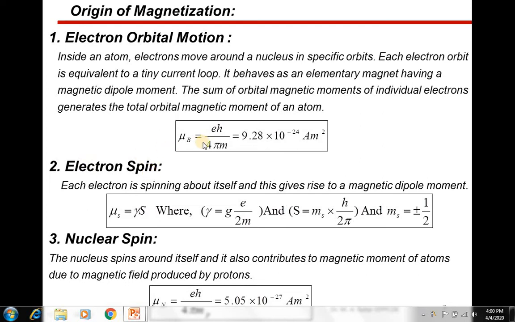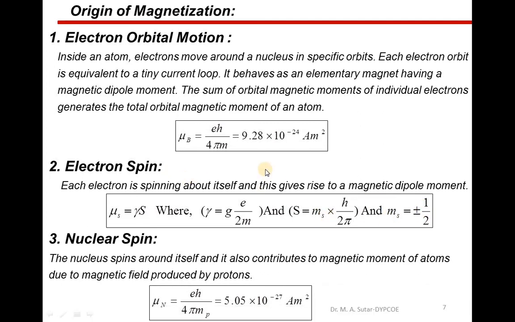Because of the orbital motion, it has a certain magnetic field. Because of the spin, it has plus and minus spin, that is plus half and minus half. Along with the orbital motion, it also has the spin. So because of these two, it has magnetization.